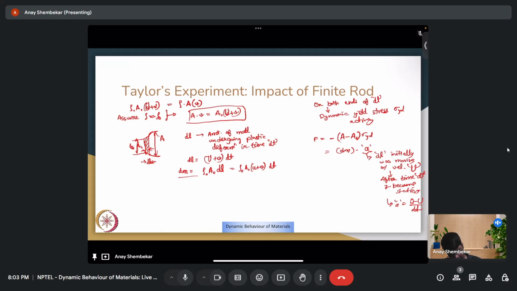So if I use this equation and this equation together, I have minus A naught into the dynamic yield stress, change in area into dynamic yield stress, is equal to u by dt rho naught A naught u plus v.